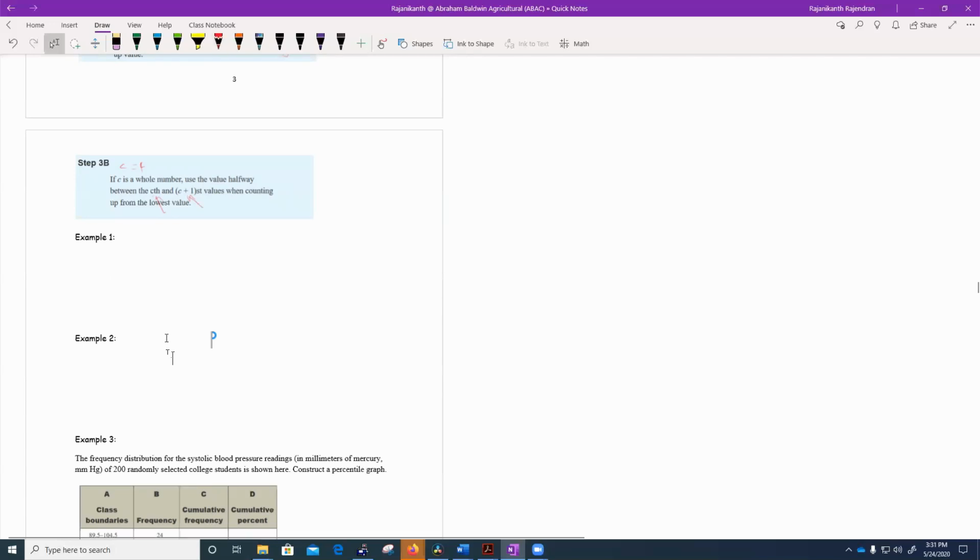So let's look at one example. I'm going to use the previous data set, whatever we did just now, to find the value corresponding to the 65th percentile.